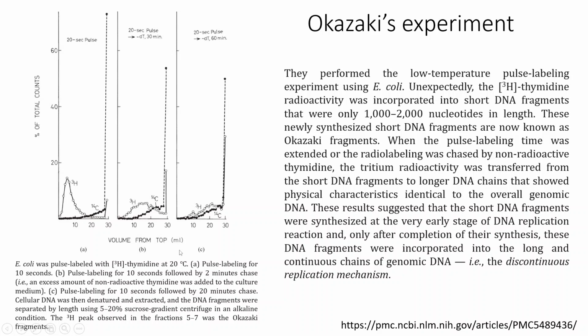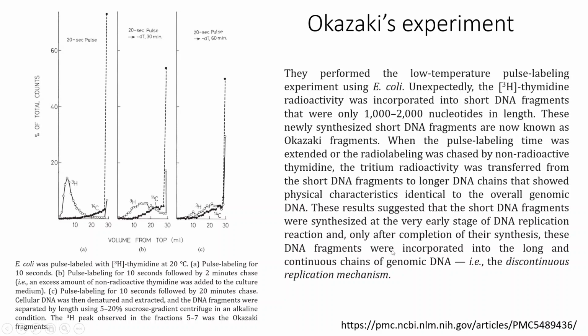Essentially, there are different fractions in which you can get different size DNA fragments based on how you centrifuge them, right? In this fraction, we see that initially there is a spike, which makes sense, since we have pulsed it. Then we chase it for some time, and this pulse starts going down. And then after a point, it completely goes away, meaning that these were integrated together somehow.